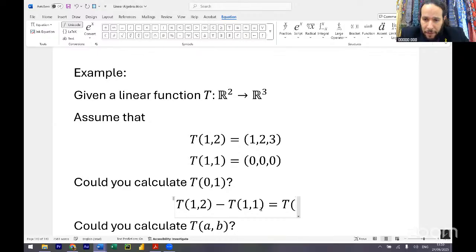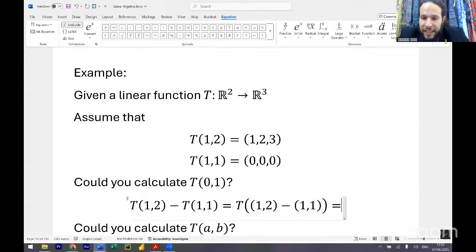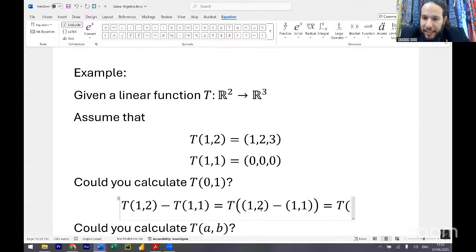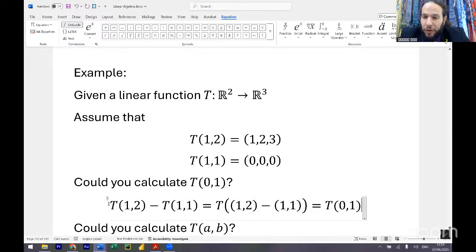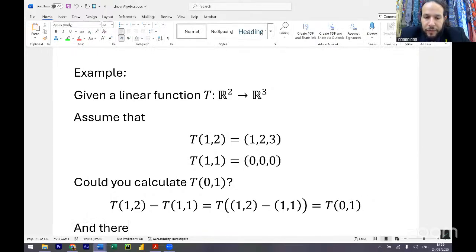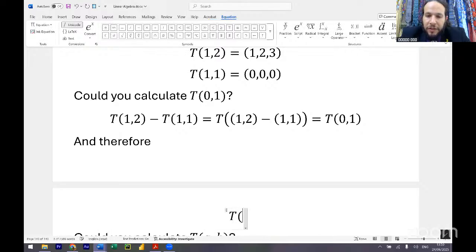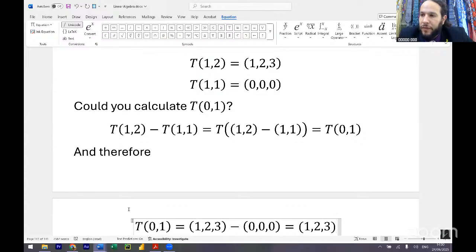So it's T of ((1, 2) minus (1, 1)). Agreed? That's taking T as a common factor, which is allowed. And this is T of exactly (0, 1). But we know the values of these two, and therefore T of (0, 1) is (1, 2, 3) minus (0, 0, 0), which is (1, 2, 3). Agreed?